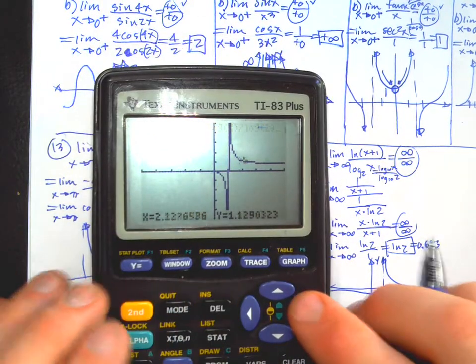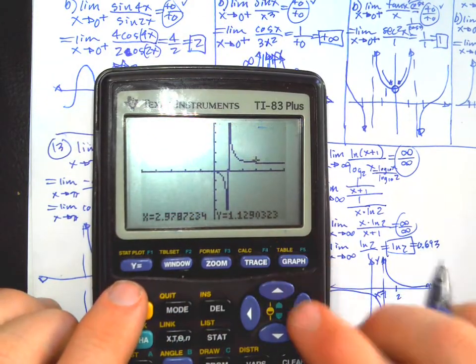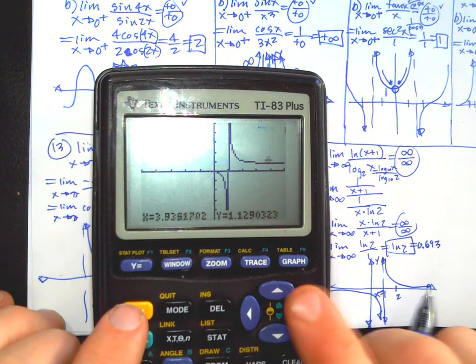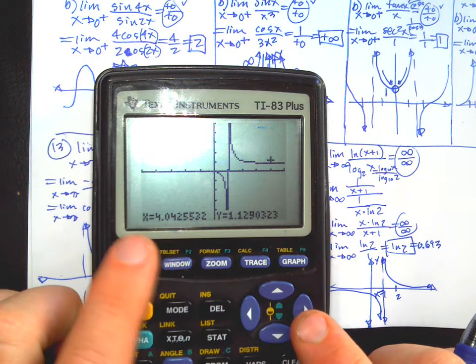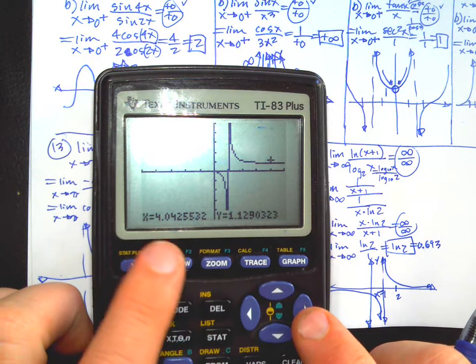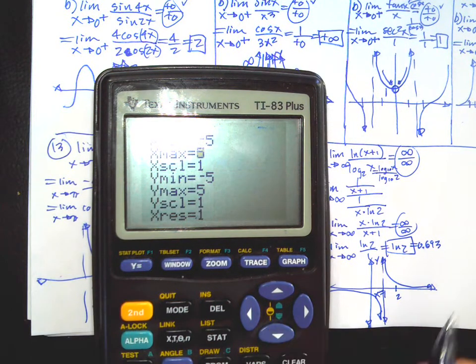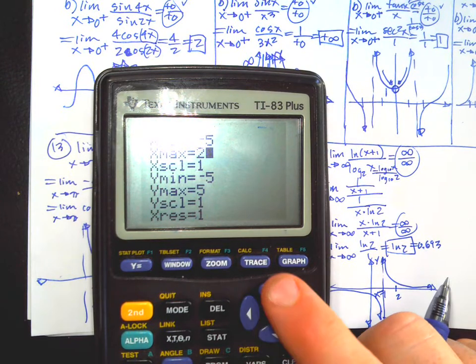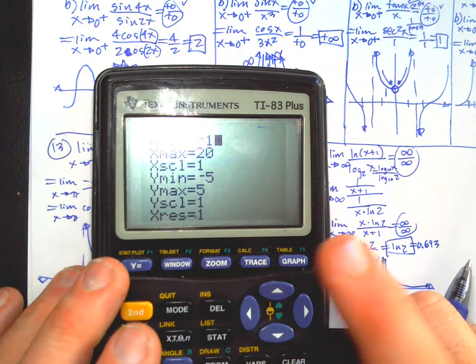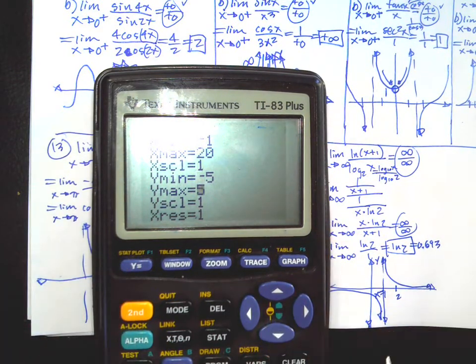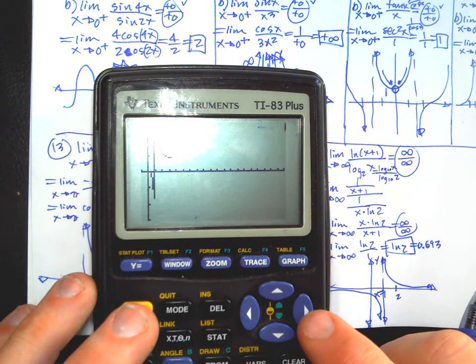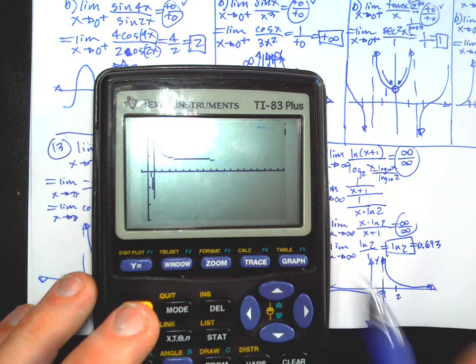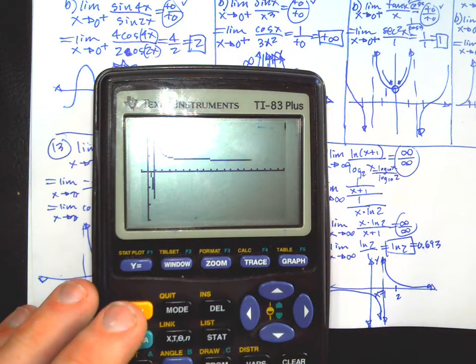So what's this graph going to as we go to infinity? It would help to make the window bigger in the x direction, say 20, and just graph that to get an idea. It looks like it's leveling out at some value.